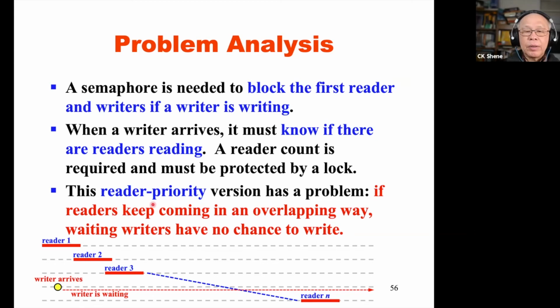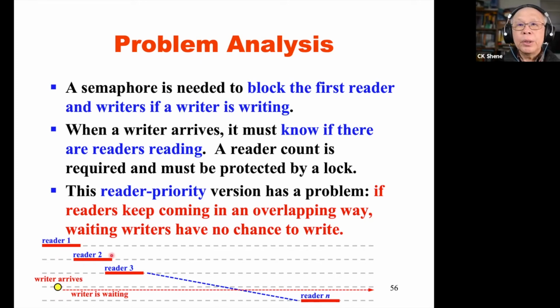Let's take a look at this diagram. So a reader comes in, reader 1 comes in. While this reader is reading, a writer wants to write. But because there is a reader reading, the writer has to be blocked. Now, before reader 1 completes its reading, reader 2 comes in. So at the end of reader 1's work, this writer cannot be released because reader 2 is reading.